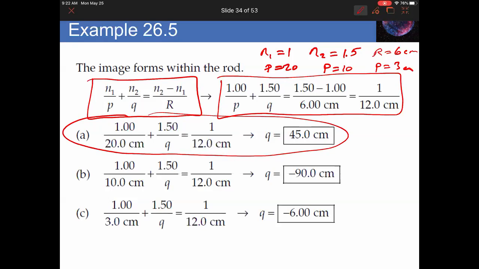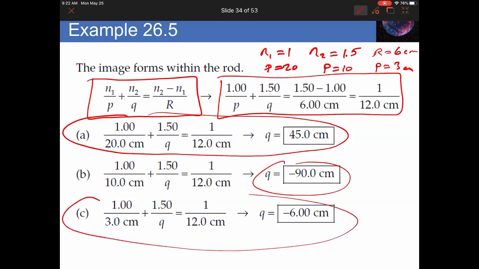But for part B, you get Q equals negative, so that means this is a negative image distance. Part C will also get Q equals negative 60. Remember, if the position of the image is negative, that means the image is in front of the surface.